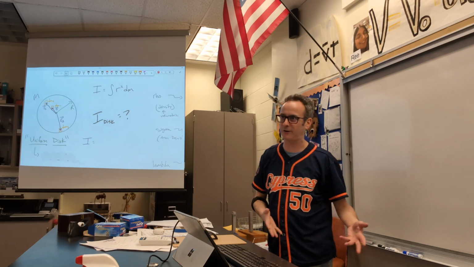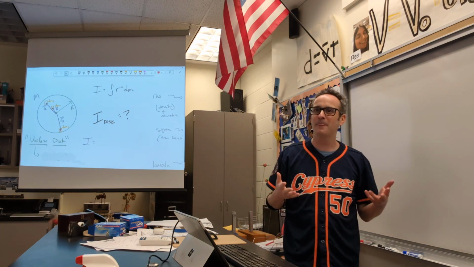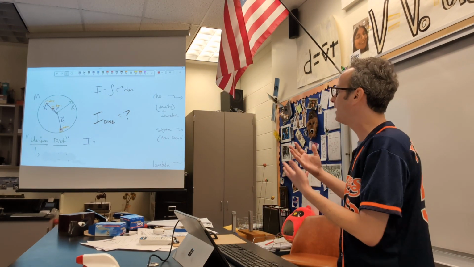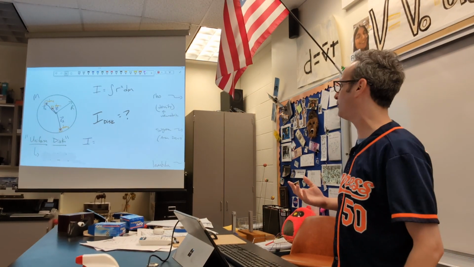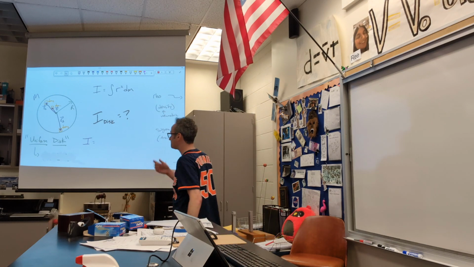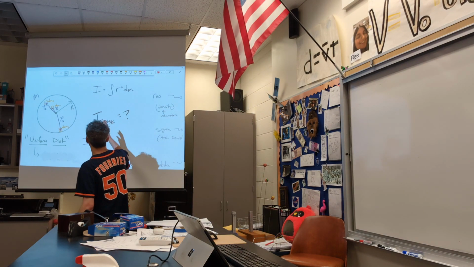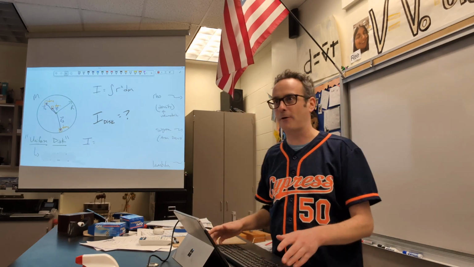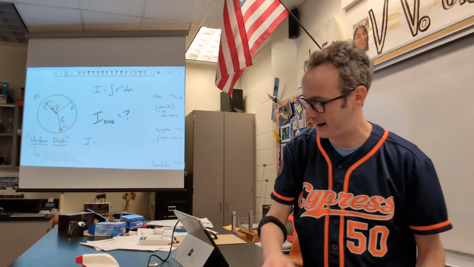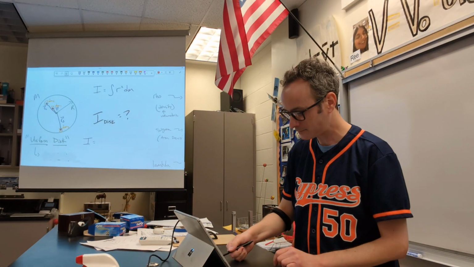Well, sometimes they are, sometimes they're not. So we figure out other ways to get around having to do an infinite sum. That's what this process is: how do I get around having to add up that infinite sum?